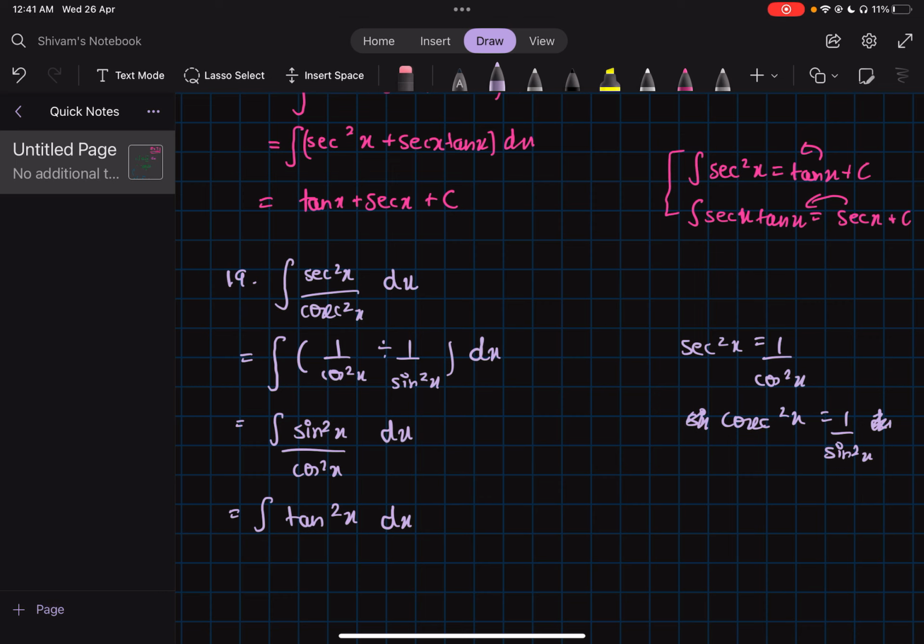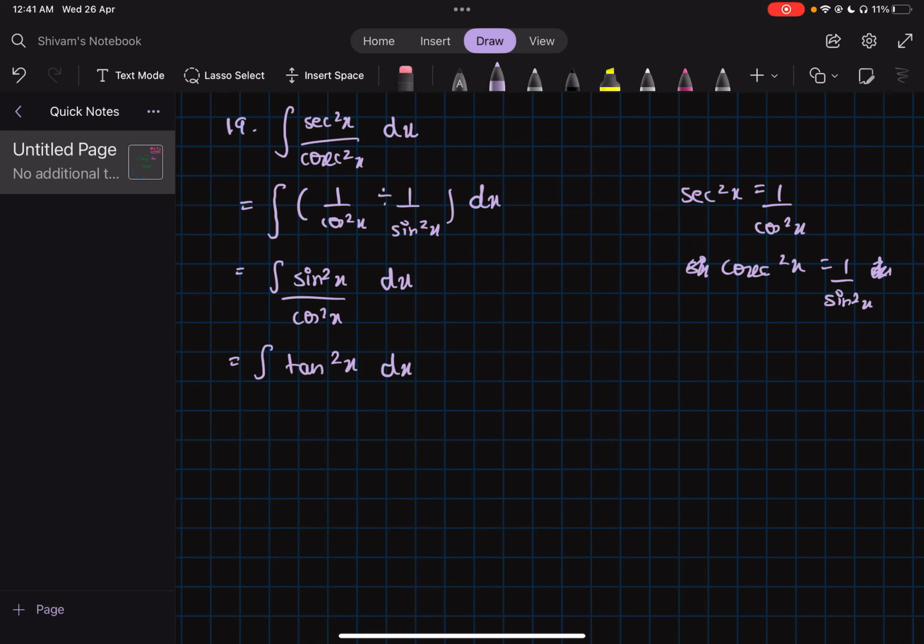But till now we don't know the integration of tan x, so much less for tan square x.